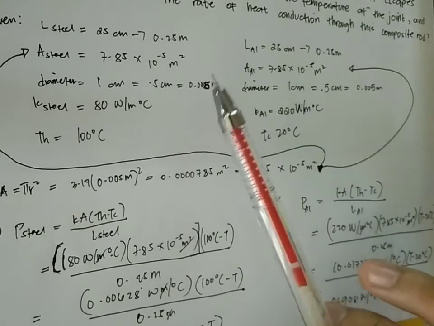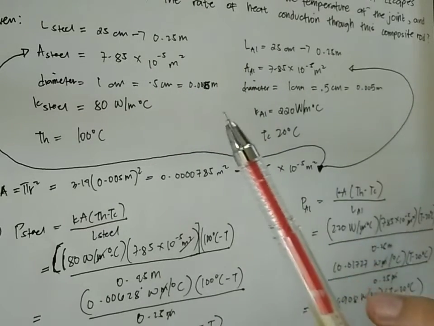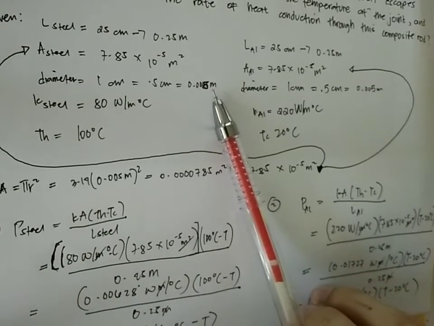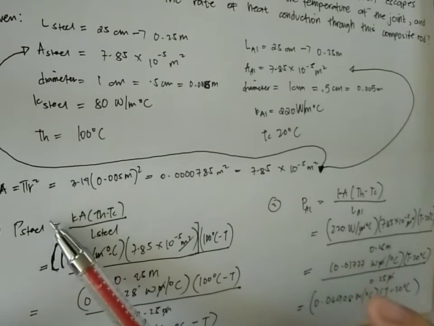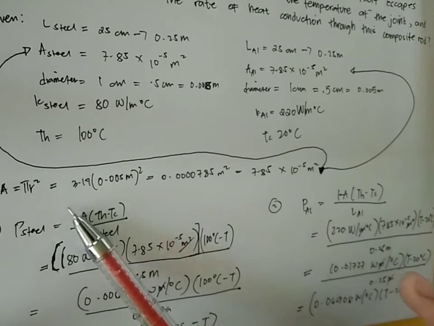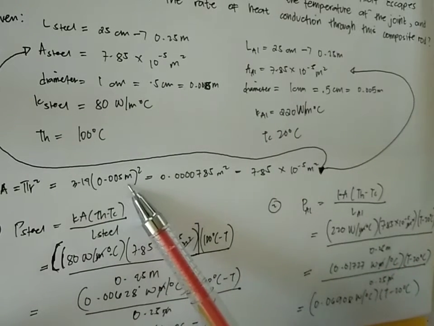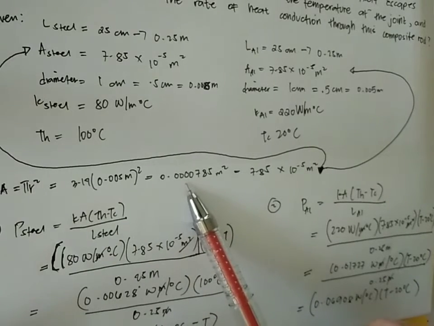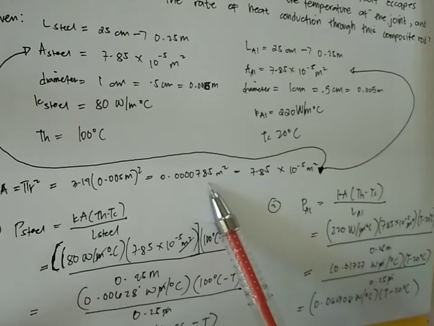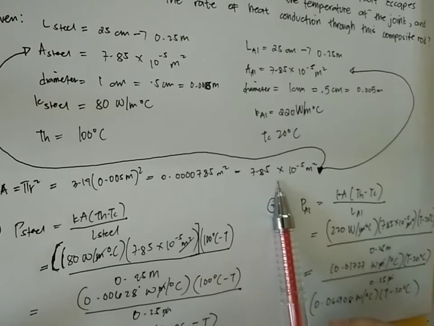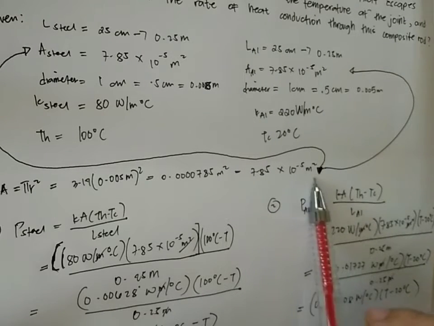Then 0.5 centimeter into meters is 0.005 meter. So pi r squared, with pi equal to 3.14, multiplied by the square of 0.005 meter, which is the radius, is equivalent to 0.0000785 meter squared, or 7.85 times 10 to the power of negative 5 meter squared.